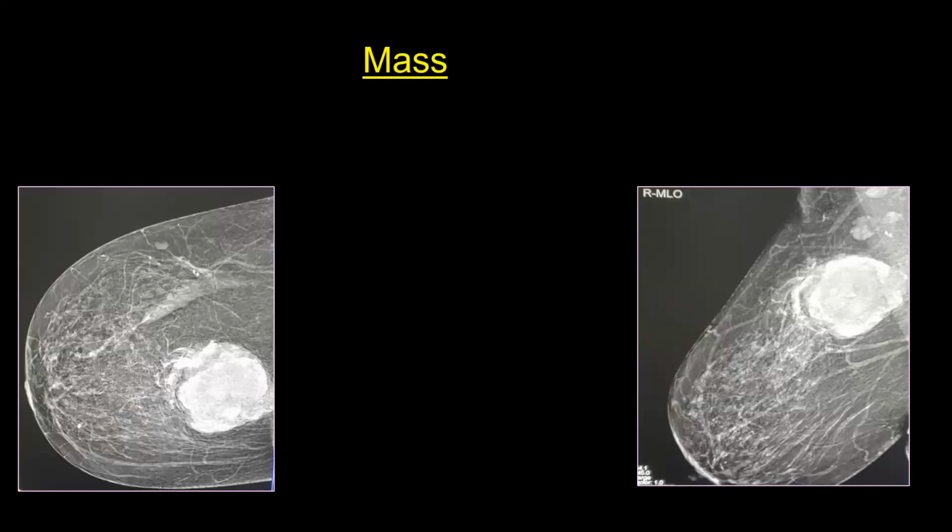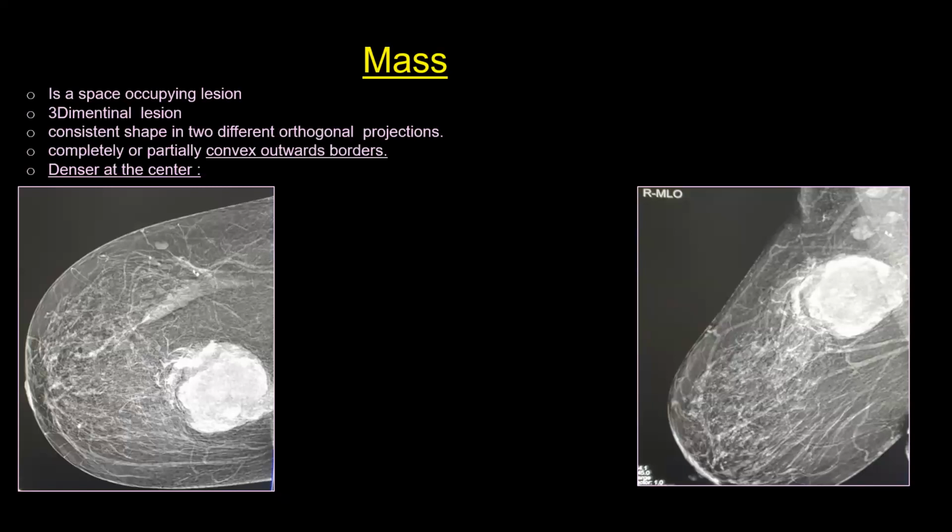What is the definition of the mass? A mass is a 3D structure, a space-occupying lesion, seen in at least two views. It has convex borders, and usually we find the mass more dense in the center, denser at the center than the periphery, to differentiate it from asymmetry.